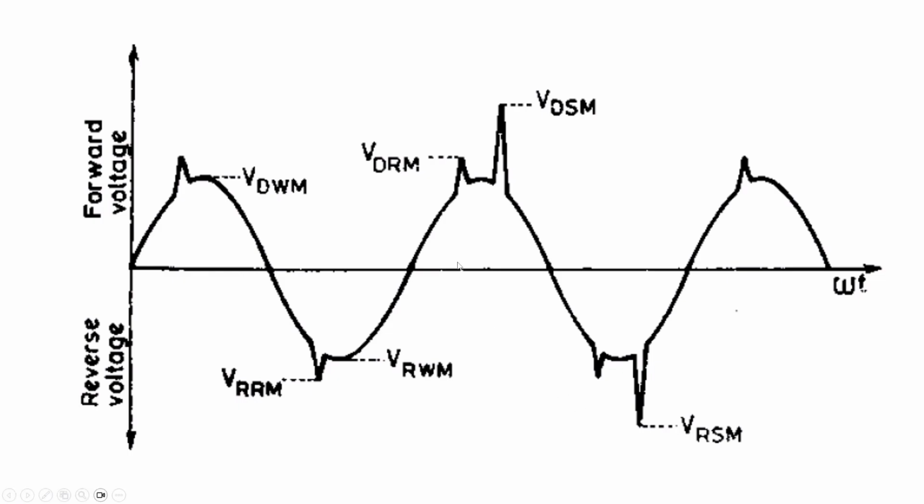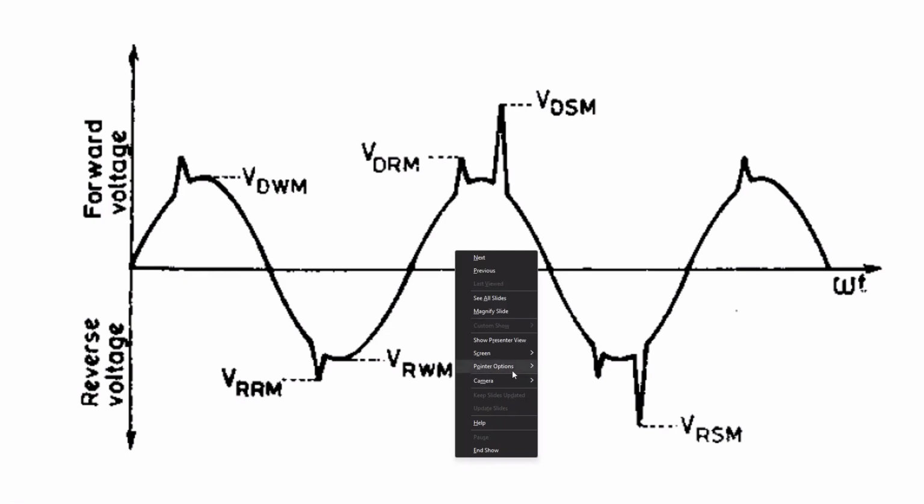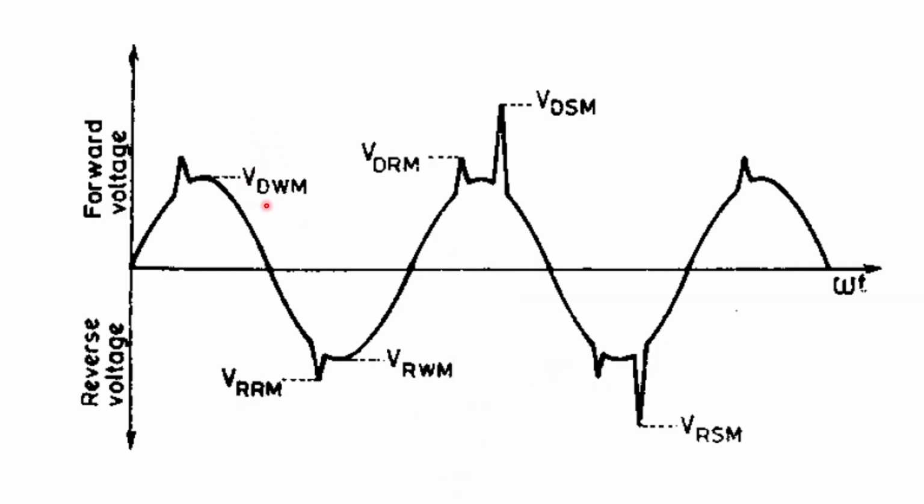Okay. So let me go into presentation mode maybe. Yeah. So this VDWM or VRWM are the forward and the reverse voltage of the sine wave that is passing through the thyristor, or the sine wave of the source. Okay.